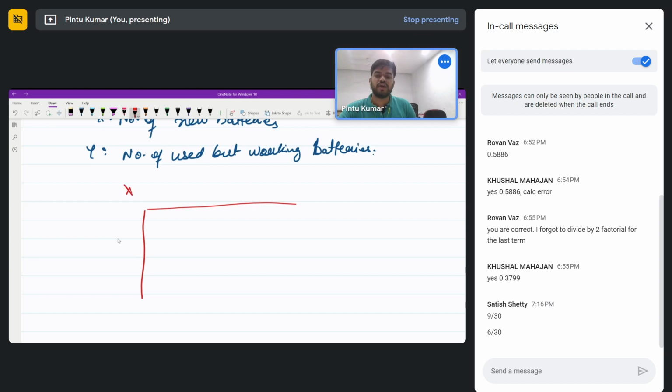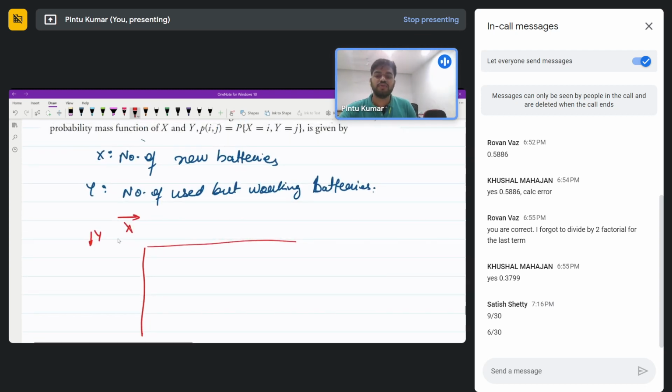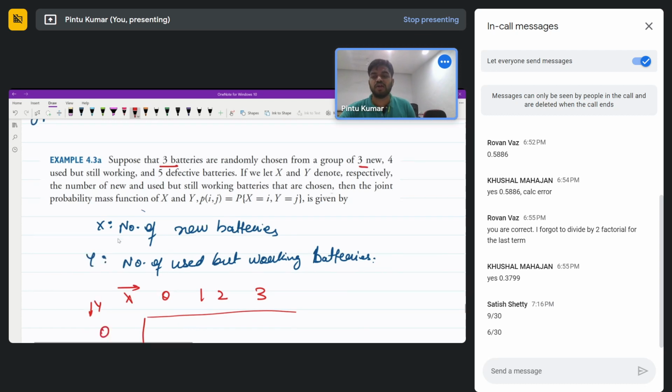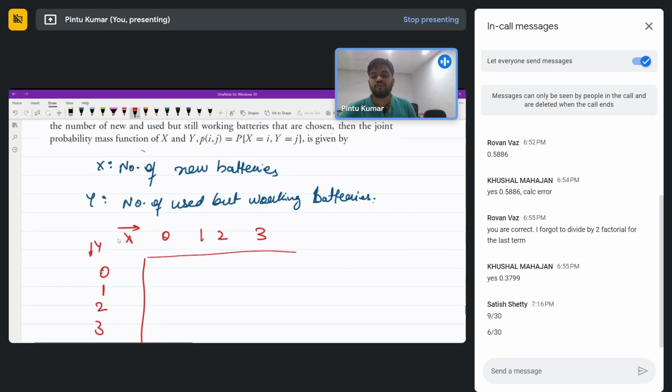If this is my X and this is my Y, X can take values 0, 1, 2, 3 because we are drawing 3 batteries, and Y can also take 4 values, that is 0, 1, 2, 3, right? So now we have to calculate the probability that X is 0 and Y is also 0. Okay, so this place we want to fill in.